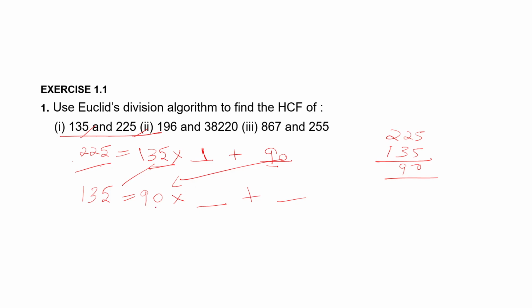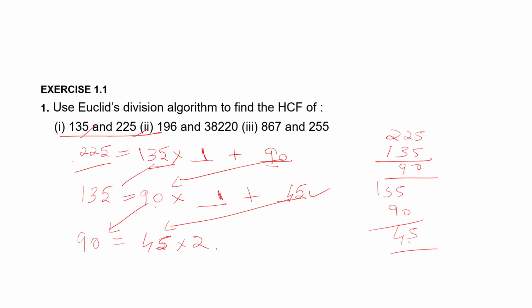So if I take 2 times, this will become 180, so I have to take only one time, and 135 minus 90, so it is 45, right? Now is R equal to 0? No. Then proceed again with B and R. So 90 and 45, obviously we know the answer: 2 plus 0.